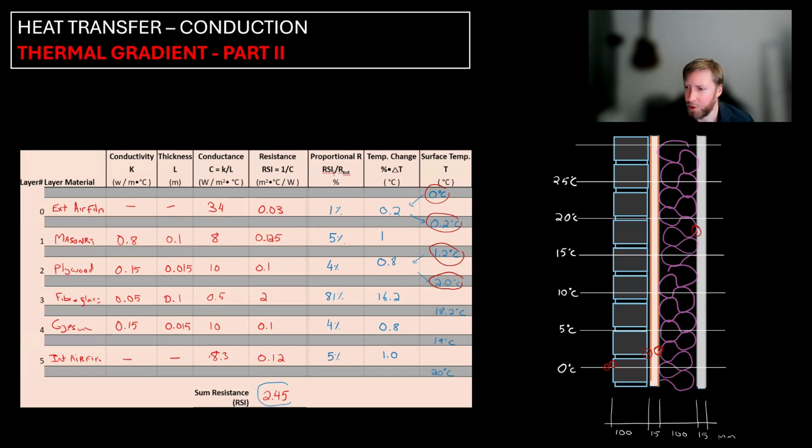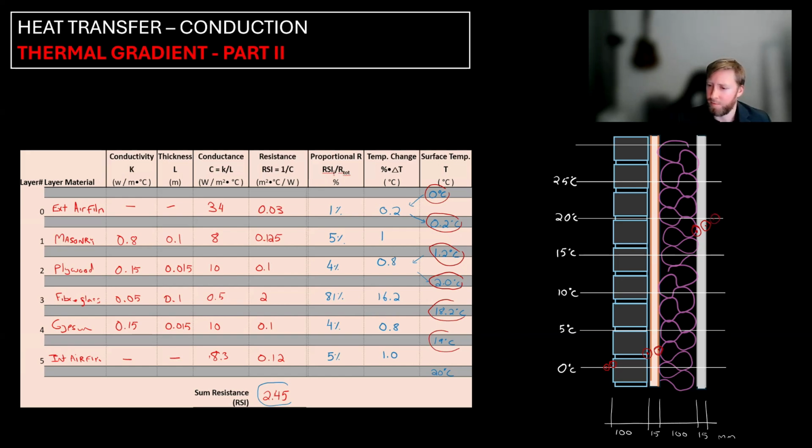And so now the temperature's all the way up here as we get to the interior side of the gypsum board. It goes up further. So I got that one done to 19 degrees Celsius. And then, of course, after it passes through the air film, we get up to 20 degrees Celsius.